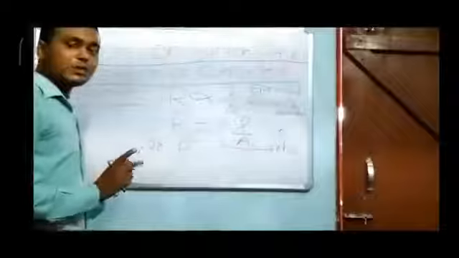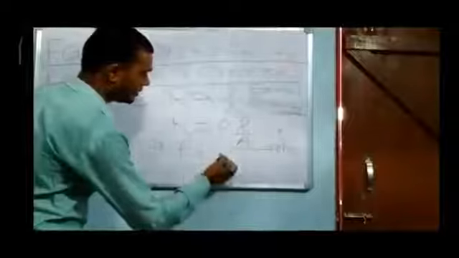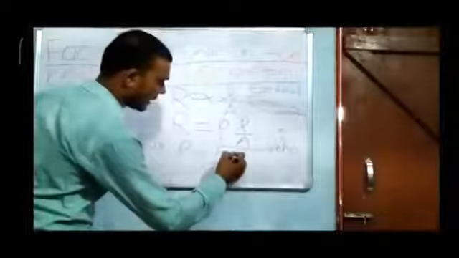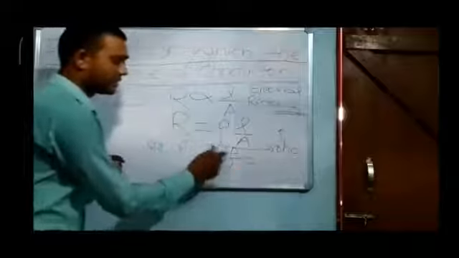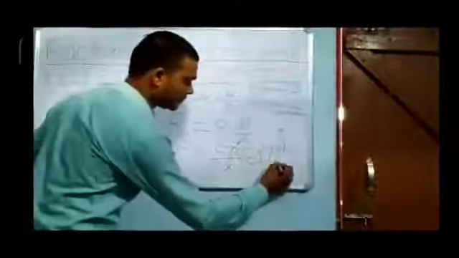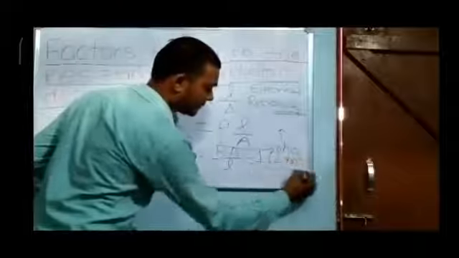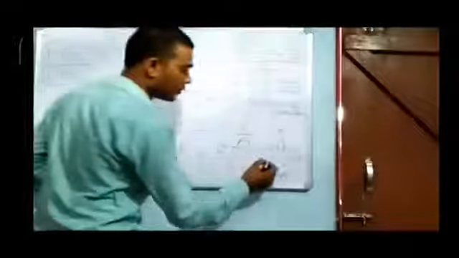How do we get the formula of resistivity rho? It is R into A upon L. Okay, so we know that the SI unit of resistance is ohm, the SI unit of cross section area is meter square, and the SI unit of length is meter. We cancel the meter with the square and we get the SI unit of resistivity, which is ohm meter.